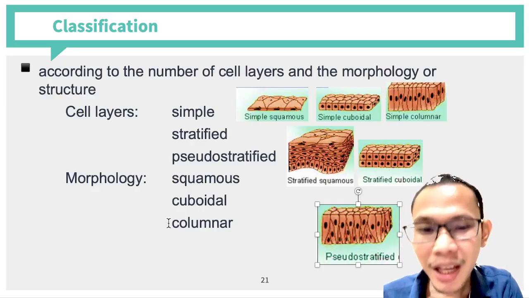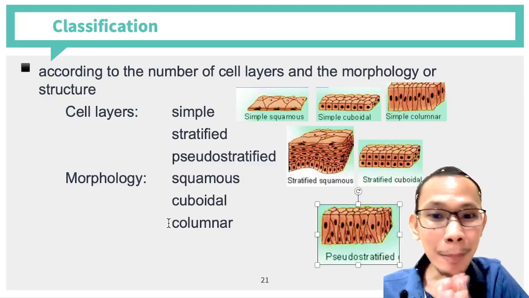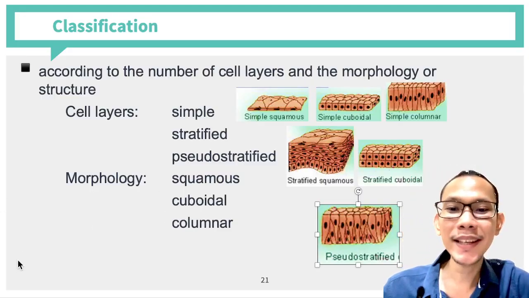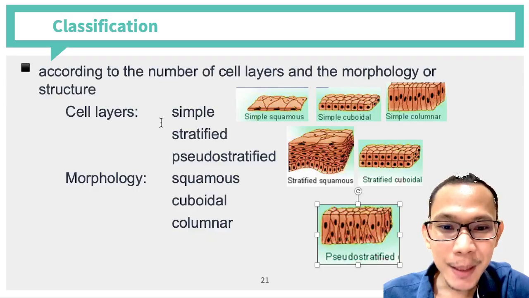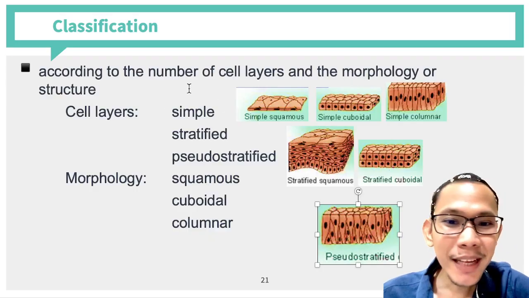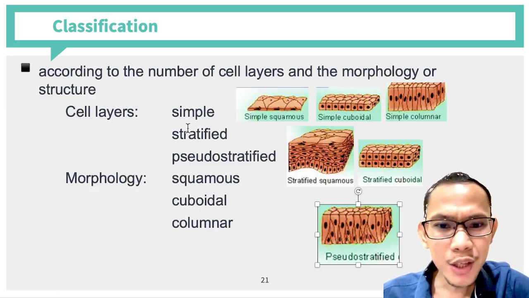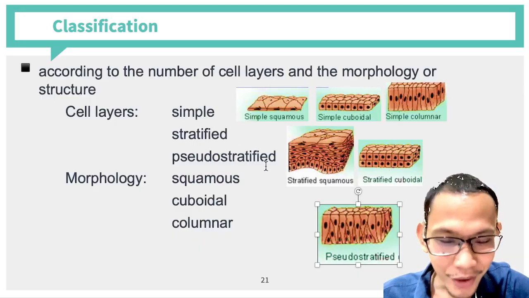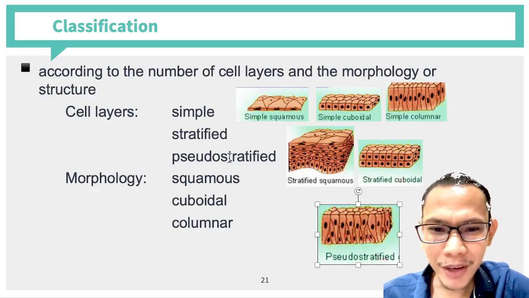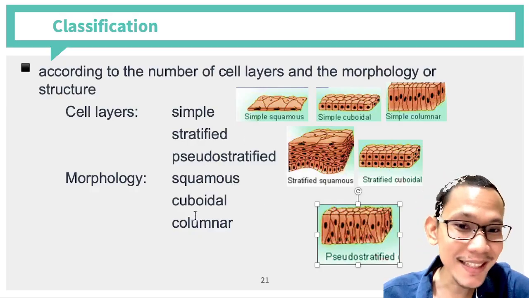Ang mangyayari naman ito is i-combine na natin sila. You can have a simple squamous epithelium, you can have a simple cuboidal or columnar. You can have a stratified squamous, stratified cuboidal, or you can have pseudo-stratified. Again, pag pseudo-stratified, automatically columnar na yan sila.